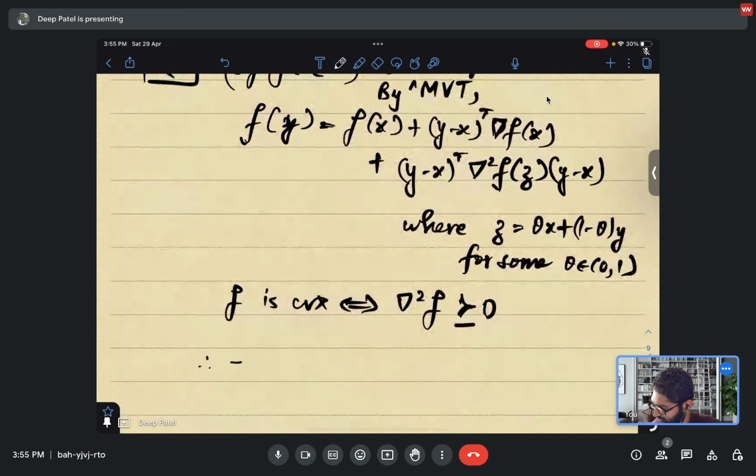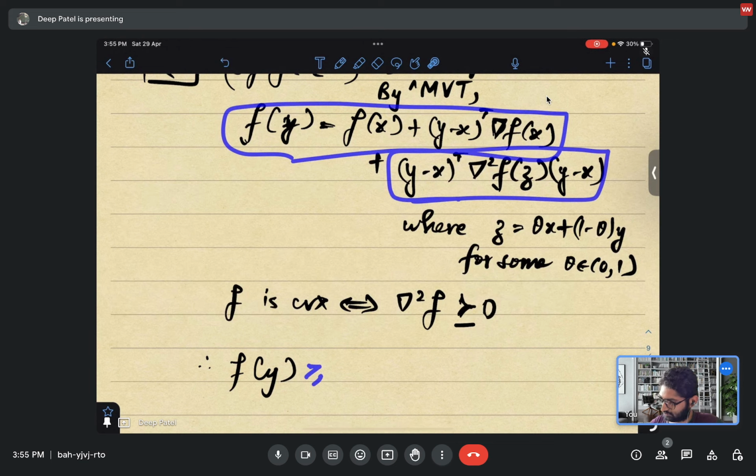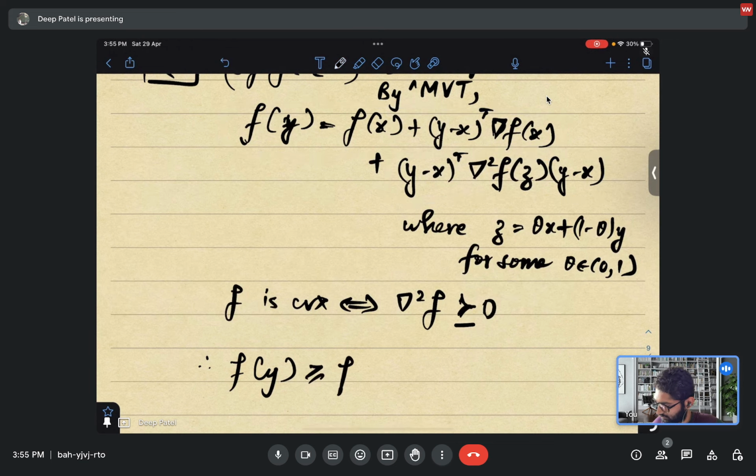Right, so I'm just going to use that, because then this quantity is going to be greater than or equal to 0, hence f of y is greater than or equal to the thing that we just proved.